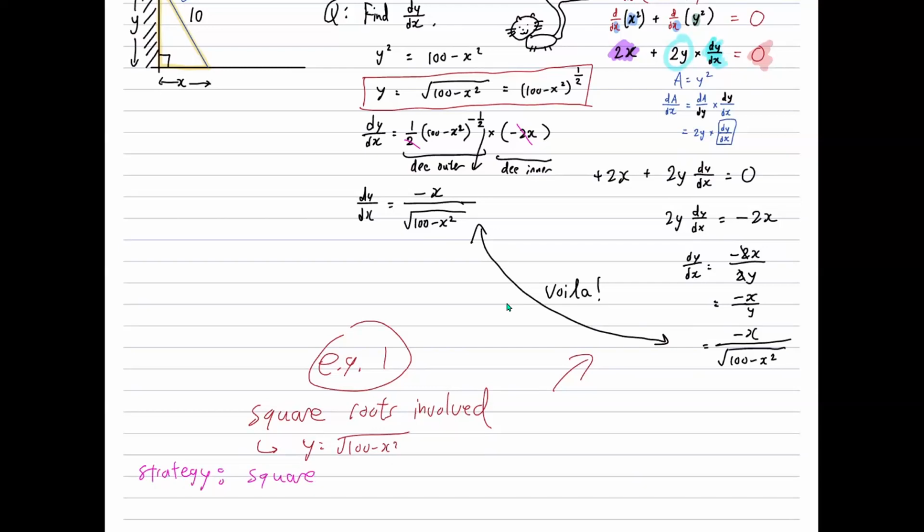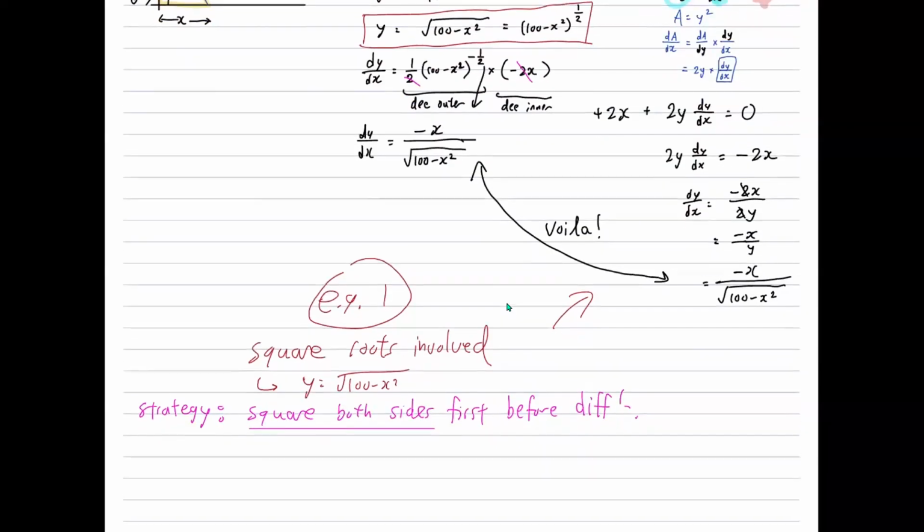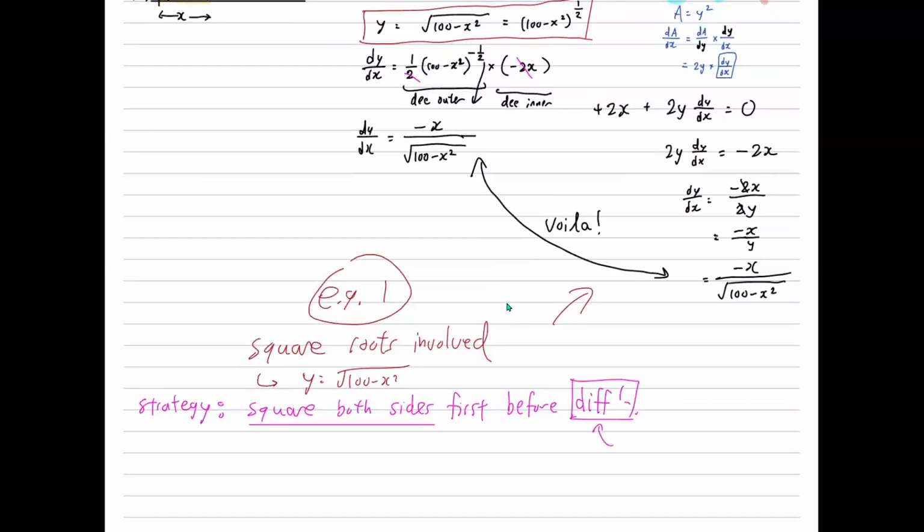square both sides first before differentiation. So it's just some algebra. Square both sides first before you differentiate. And when you differentiate, you're not going to be using normal differentiation, you'll be using implicit differentiation.